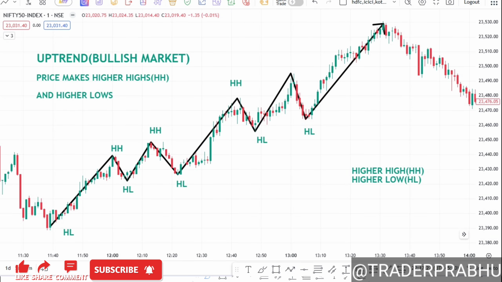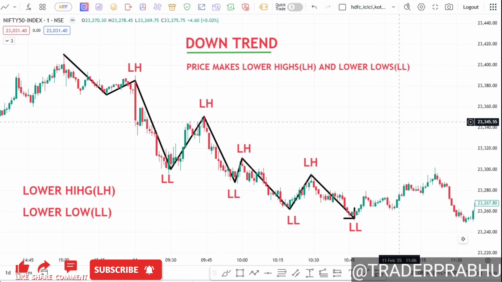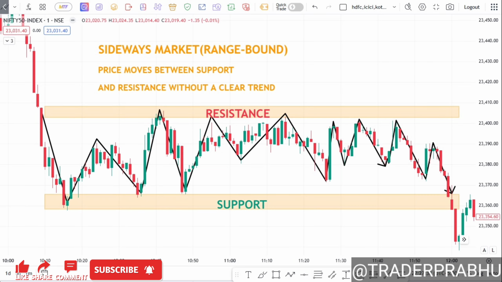Here is how it works. If price breaks above the previous swing high, the market is bullish. If price breaks below a previous swing low, the market is bearish.